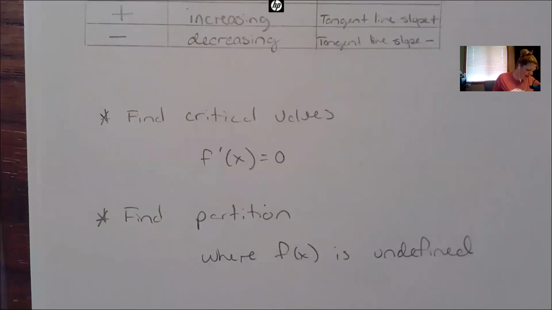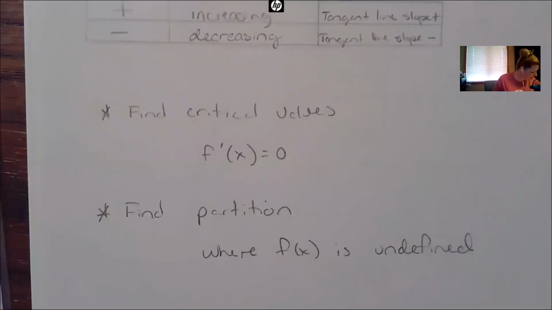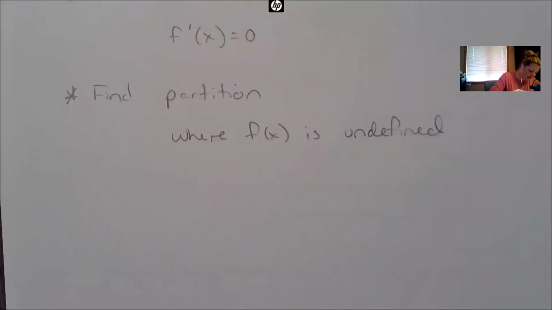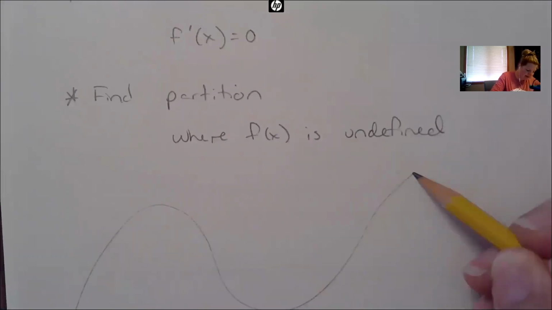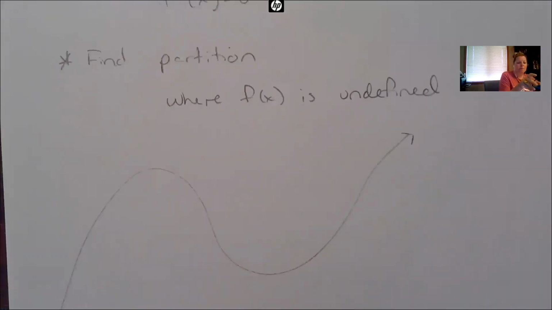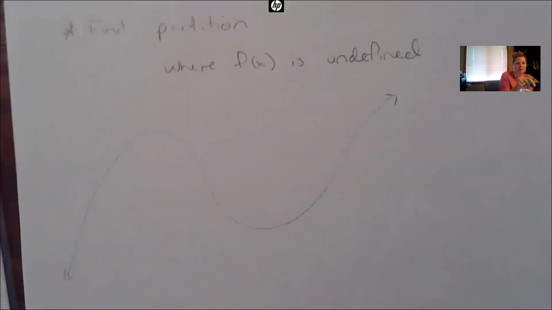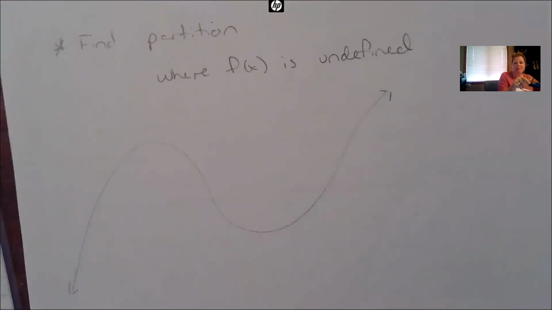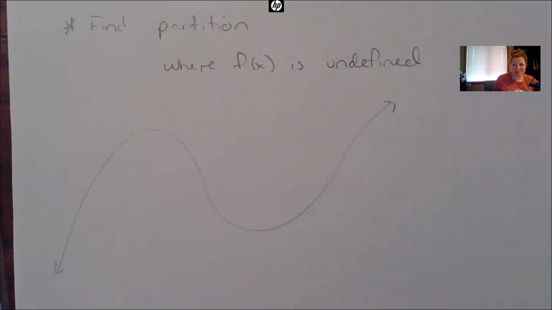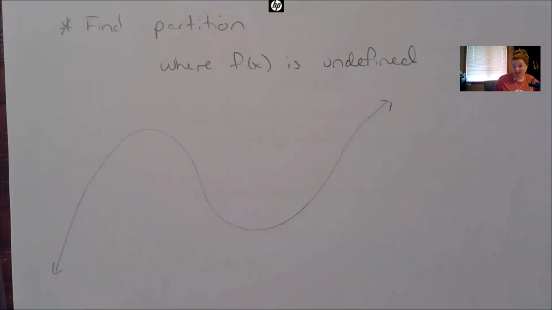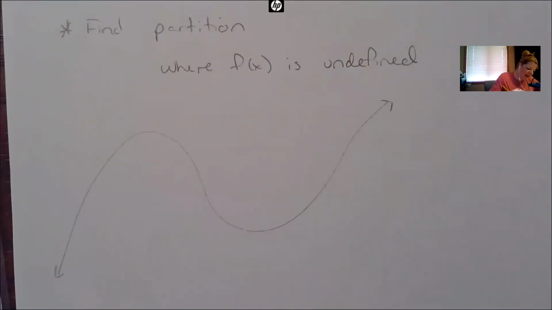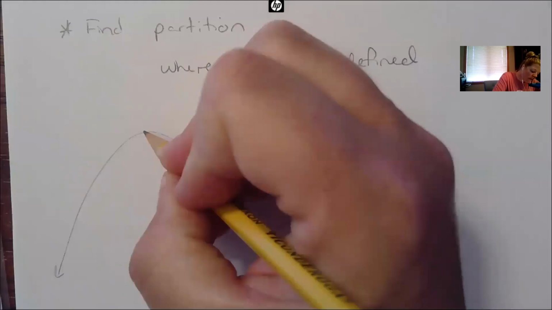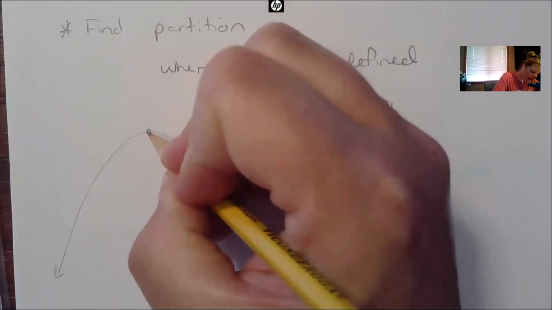The other idea we want to put in our notes before we do some examples is something called a local extreme. If I have a graph that maybe did something like this, going up a little, a random graph, and I have what we call a local max, it's going to look like this.